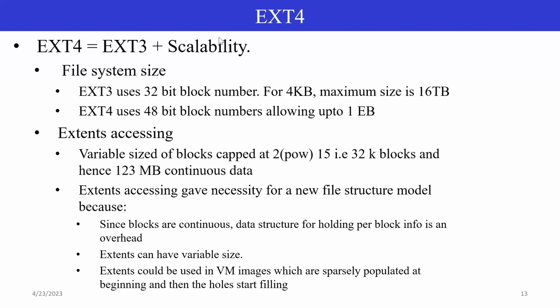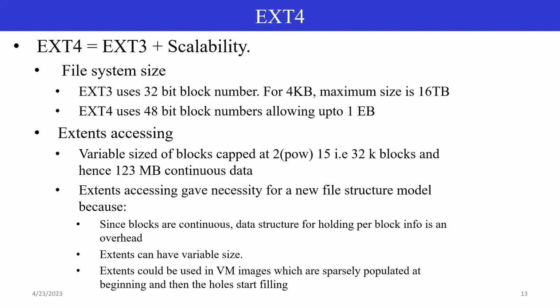Now we'll go to EXT4, which is EXT3 plus scalability. So someone asked what is the maximum size of EXT3. EXT4 basically started somewhere around 2004-5, when a huge number of big files started coming in, and EXT3 was bogged down by EXT2 scalability limits. So the file system size became a big concern.